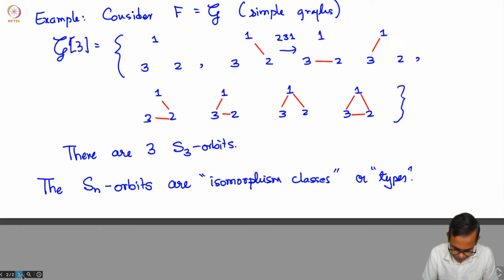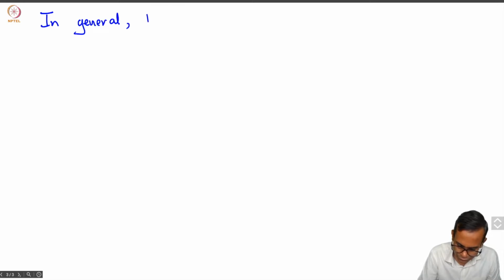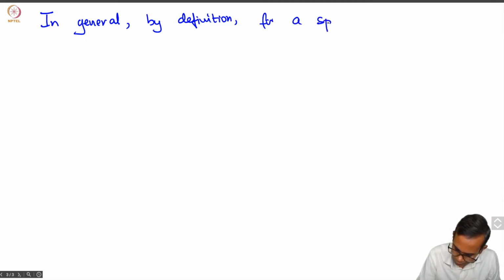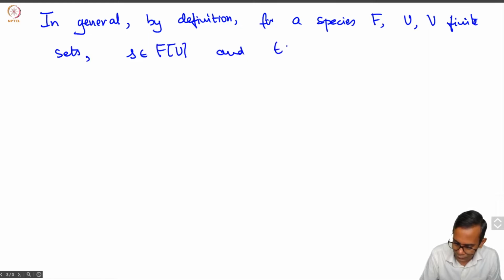So in general, by definition, for a species F, and finite sets U and V, S in F[U] and T in F[V].